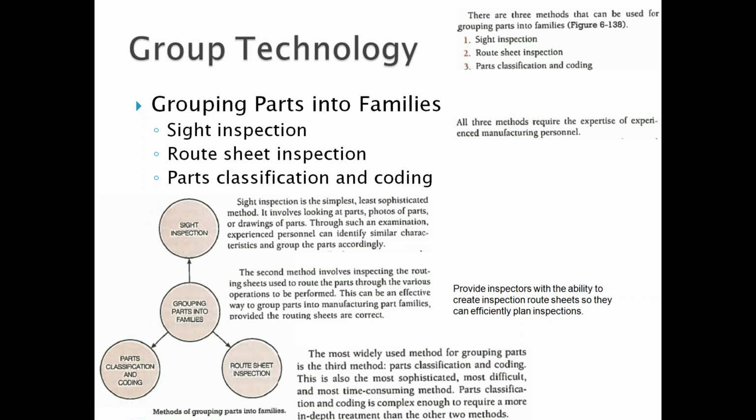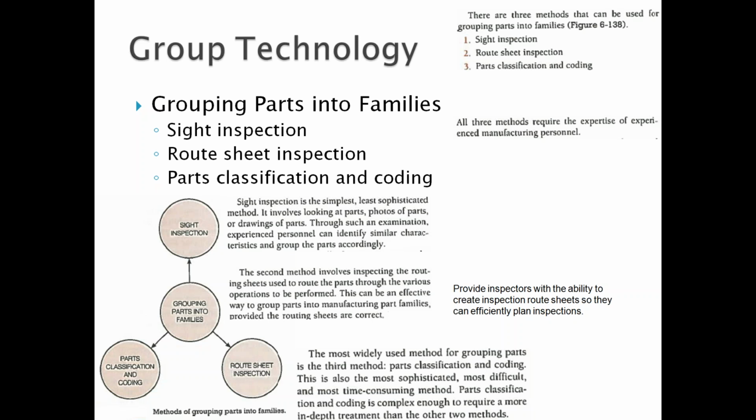It involves looking at parts, photos, and drawings of the part. The inspector basically looks at the photo and the drawing, and through such examination, the inspector, a very experienced person, can identify similar characteristics and group them accordingly.